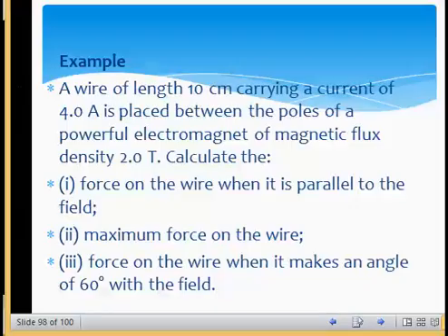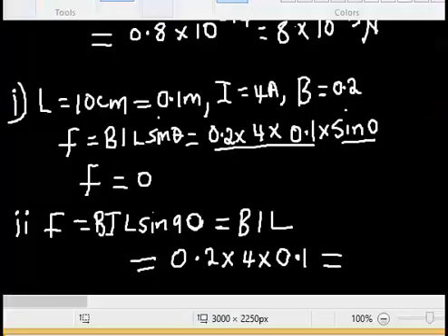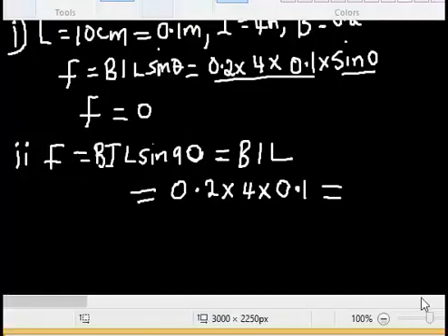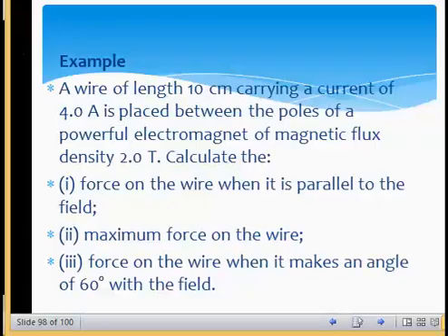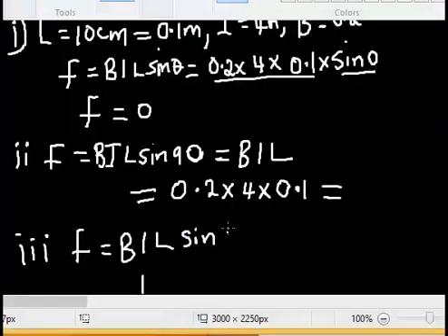Then what's next? The force on the wire when it makes an angle of 60 degrees. This time around, the force is going to be equal to BIL sine of the angle. So what's the angle this time? 60 degrees.